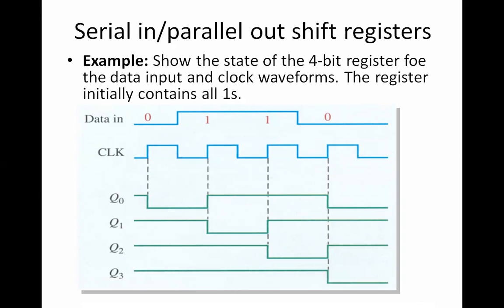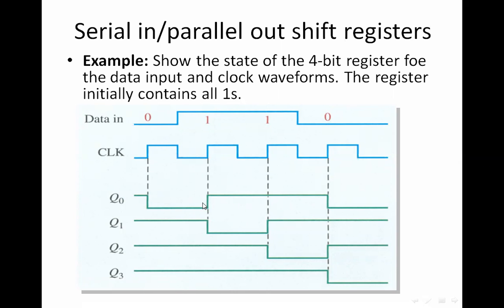You will be able to see that the 0 is getting extended till the next positive half of the positive cycle of the clock. At Q0, immediately the data is getting reflected here. But here you can see that it is shifted.